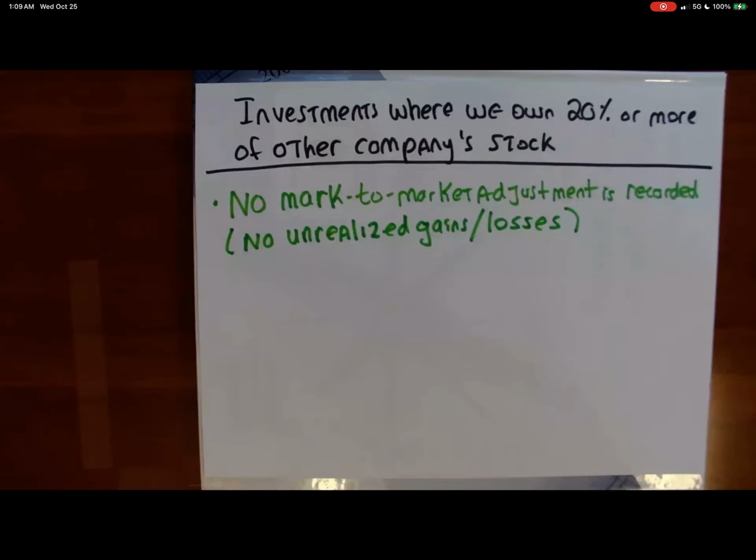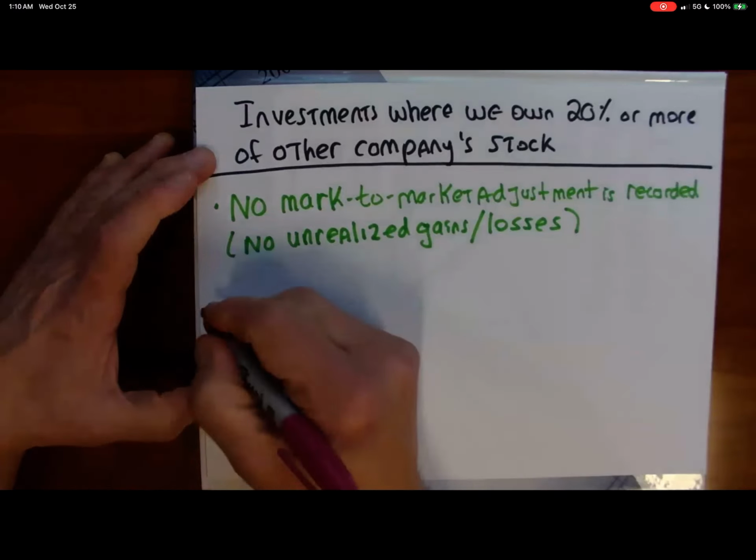Instead, what we need to do is recognize, right? You own shares of stock in another company. So you are a stockholder. And as a stockholder, what belongs to you is their net income, or at least the percentage of which you own. And if we own 20% or more, we're going to record our share of their net income.